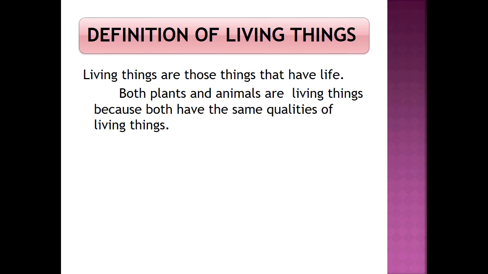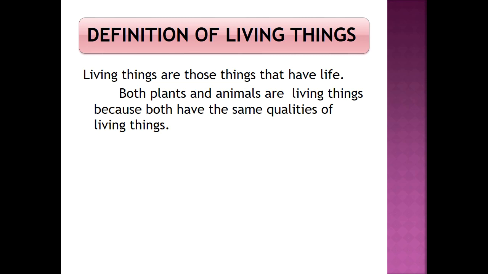Definition of living things. Living things are those things that have life. You remember in our class last week we said we have living things and non-living things. Those things that have life are what we call living things. Both plants and animals are living things because both have the same qualities of living things.